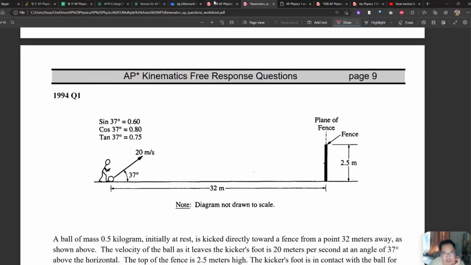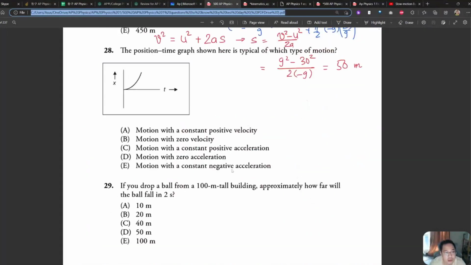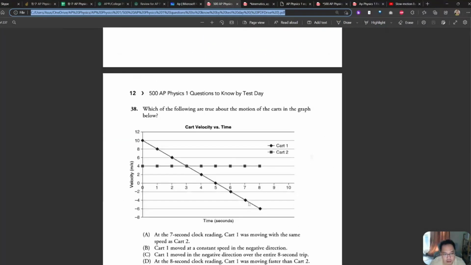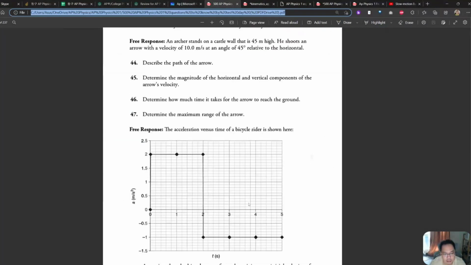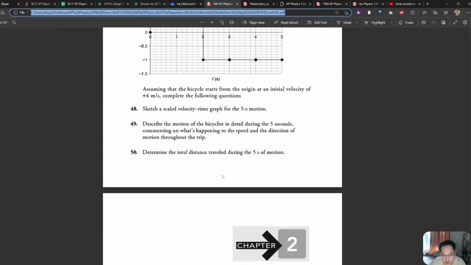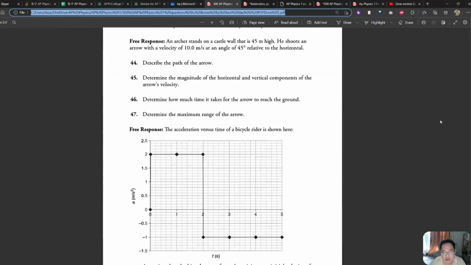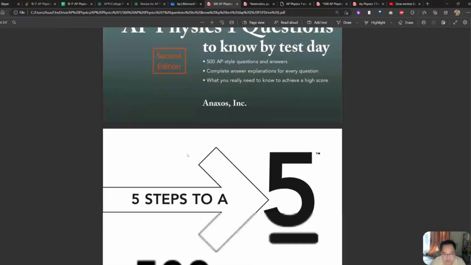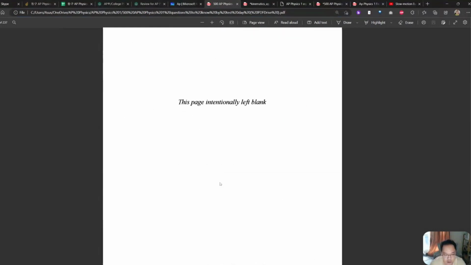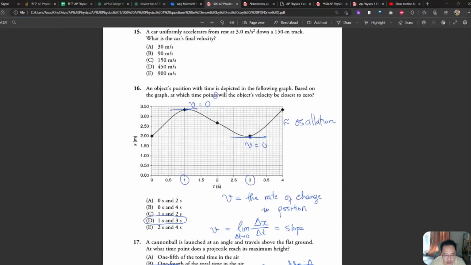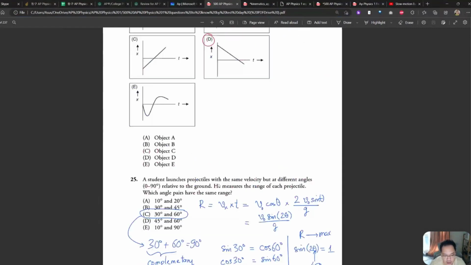For the multiple choice questions, 28. Please do to the end, number 50, of this document, 500 Steps to AP. We've been to 26 or 27 so far. So please do the rest to question 50.